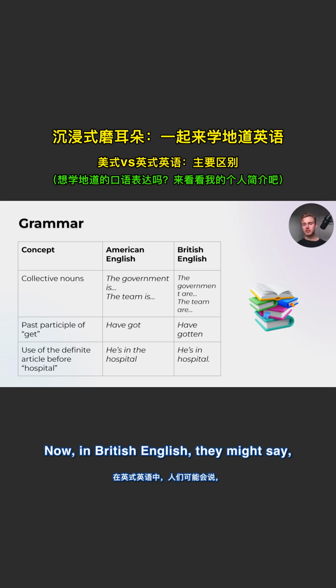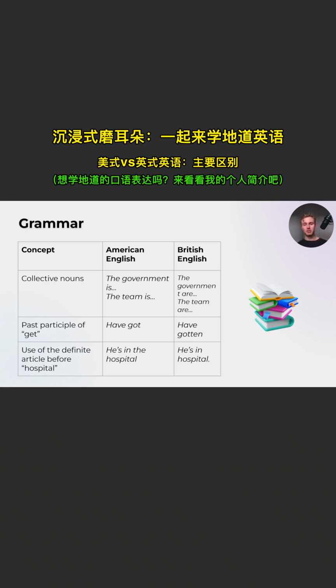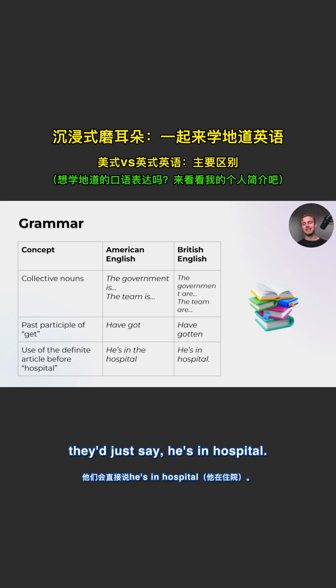Now, in British English, they might say he's in the hospital, but that has a different meaning. It means that he's physically in a specific building of the hospital. But if you're saying somebody is in hospital, they've been hospitalized, they injured themselves, they had to go to the hospital. In American English, they would say the hospital, but in British English, they just say he's in hospital.